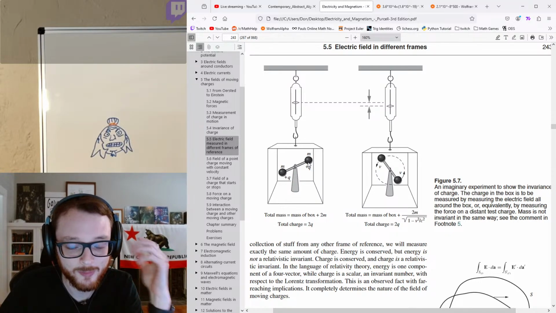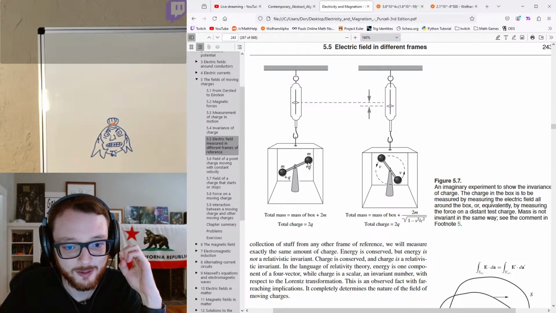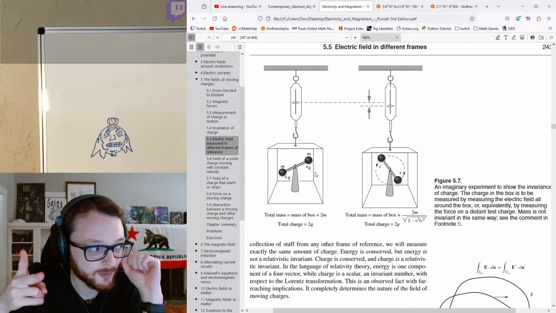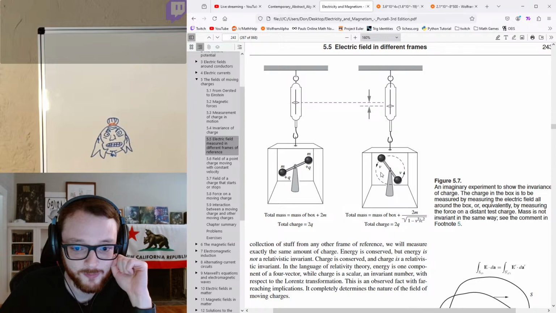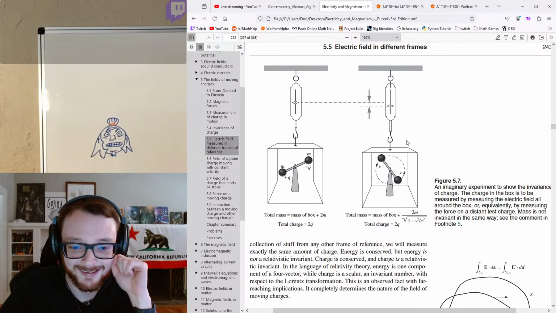Each have just a positive Q charge. You measure the mass of that box while it's at rest, and then you start spinning the rod and measure the mass of the box again. It's less than it was before, and that's just wild. The charge is the same, but the mass is less. I don't know, man. It's weird.